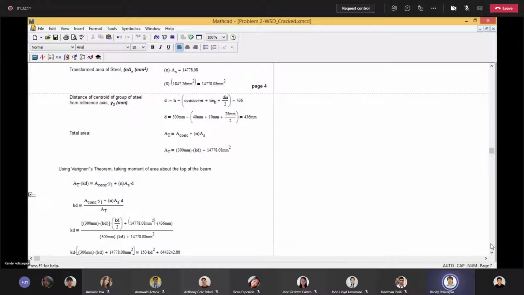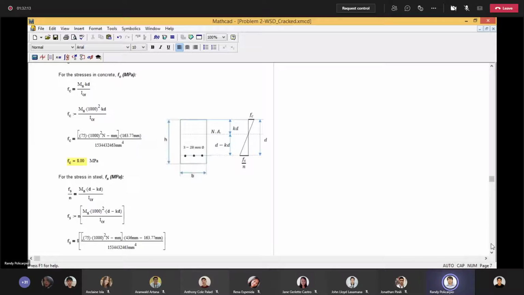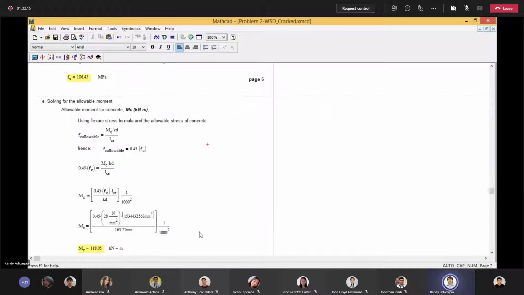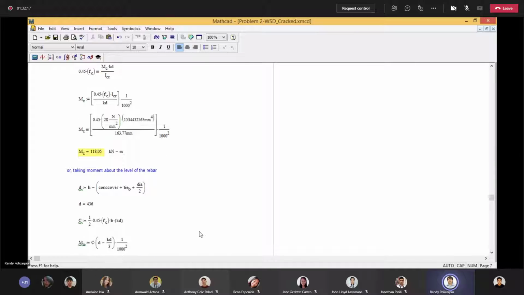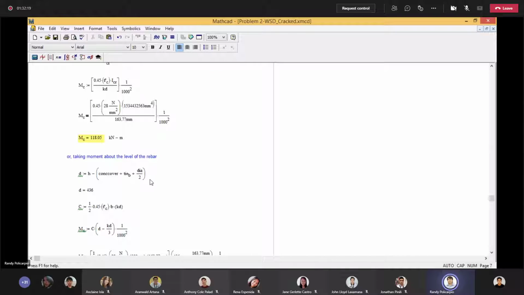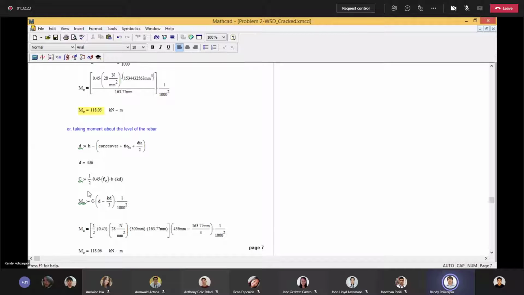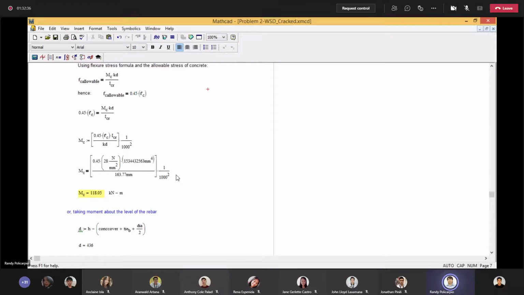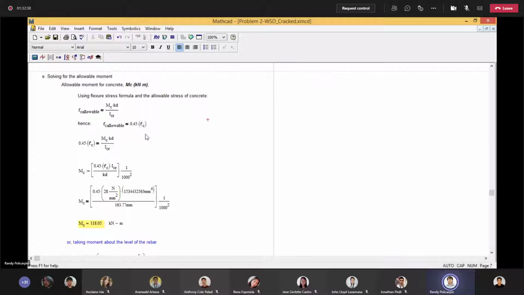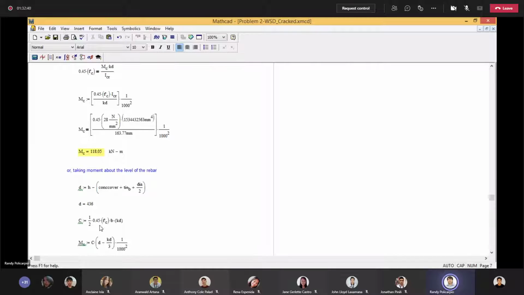Okay? So, effective depth. But I already put the detailed computation of T here. Then your C can be computed using 1/2 0.45 F prime C multiplied by B multiplied by KD. So yung 0.45 F prime C is actually your allowable. Pasok mo lang dyan.